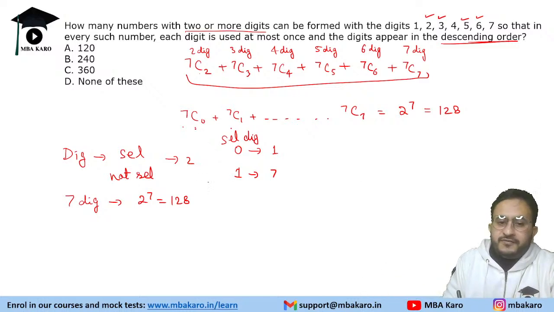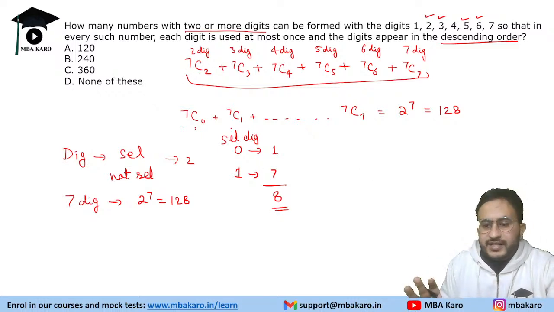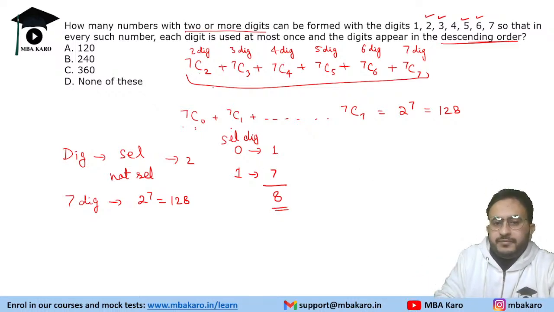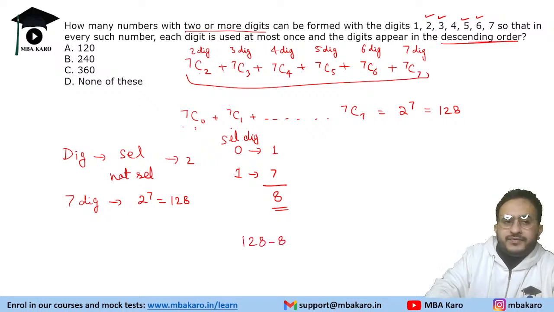And if you have to select one digit, we have seven ways. So we will remove these cases. Why remove? Because we have to select a minimum of two digits. So we do 128 minus 8, that is 120.